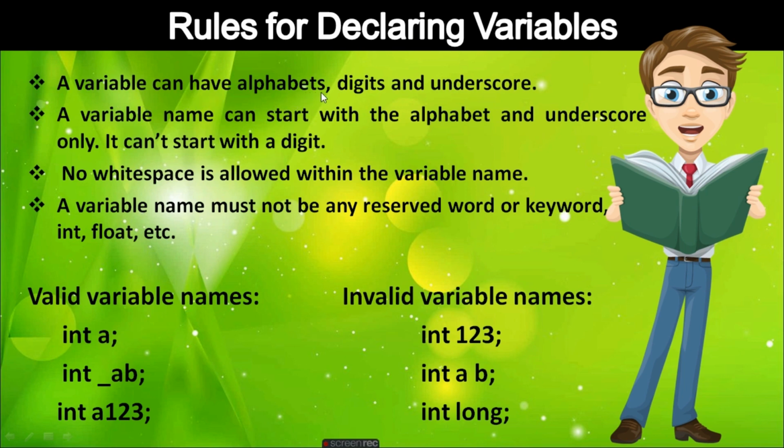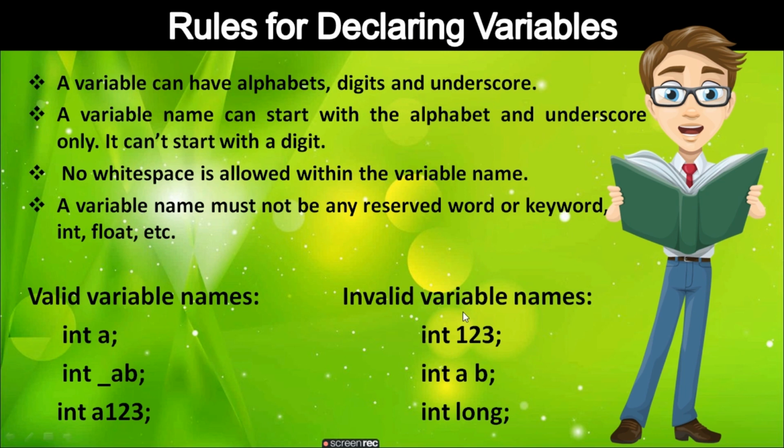A variable can have alphabets, digits and underscore. So a variable can have all these things, but a variable should start with an alphabet or underscore. It cannot start with digits.